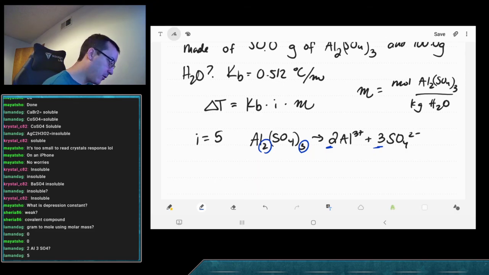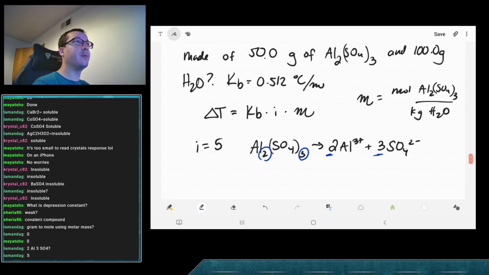Okay, so Kb we have, I we have. Let's look at this squiggly m. I'm going to look up the molar mass because there's no way I'm calculating that in my head. Okay, aluminum sulfate has a molar mass of 342.15.